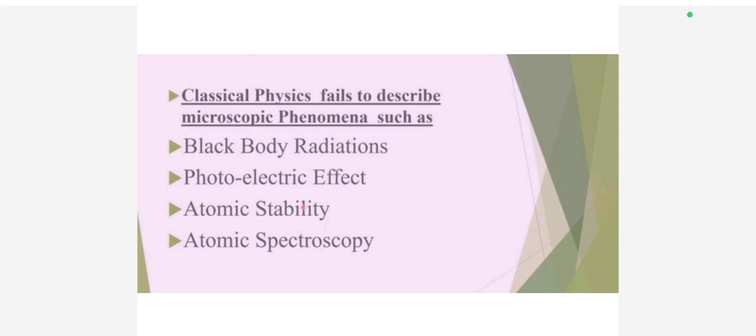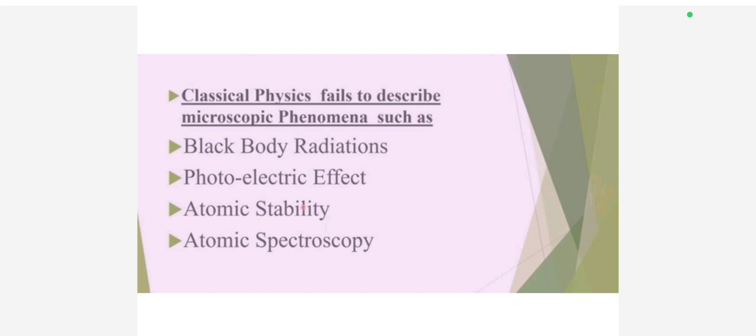The photoelectric effect is the phenomenon in which electrically charged particles are released from a material or surface when it absorbs electromagnetic radiation. It means when photon light falls on the surface of a metal, it emits electrons, that is, electrically charged particles. This phenomenon is called the photoelectric effect.